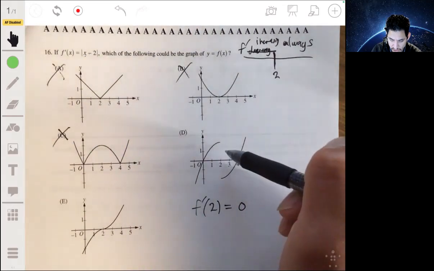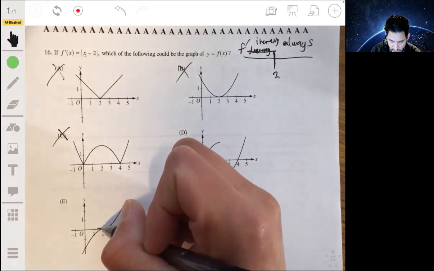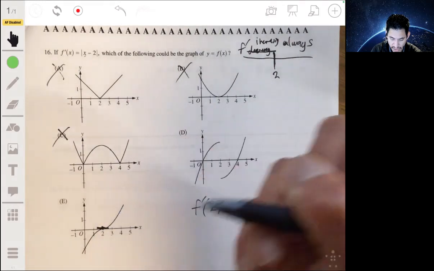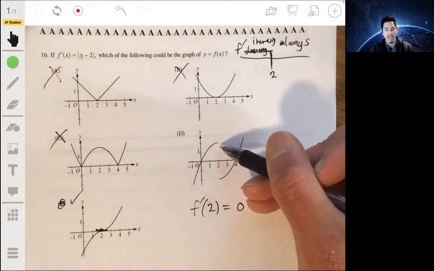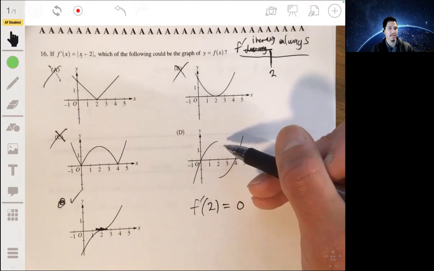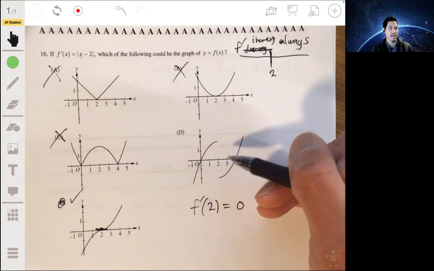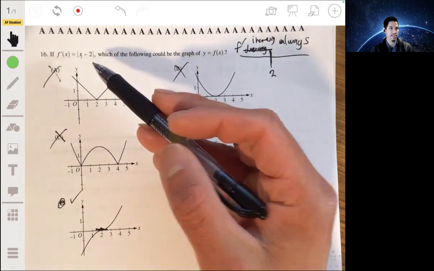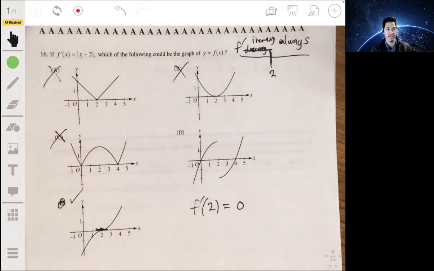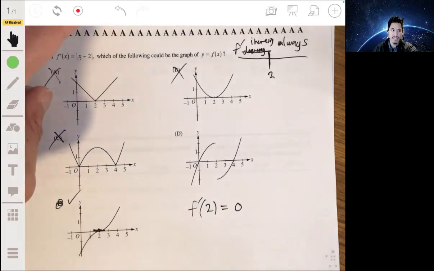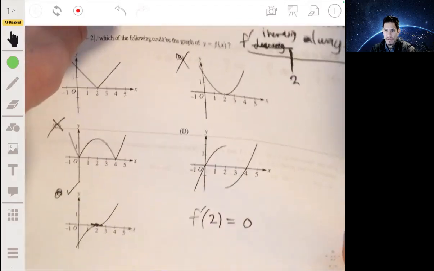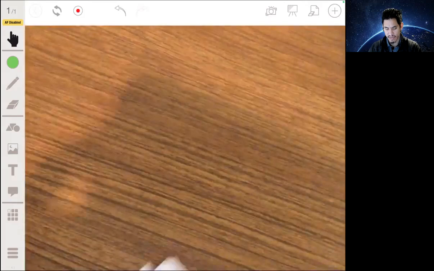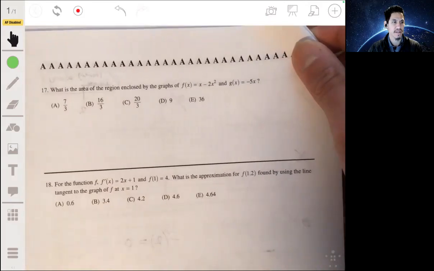So which of these have a horizontal line at 2? It would make sense for E to be the answer. It wouldn't be D because the derivative is not defined at 2. And it's telling us specifically that it's just a function and it's not specifying that it's undefined at any values. So it would have to then be E. Sorry if I made that a little more confusing than I had to.